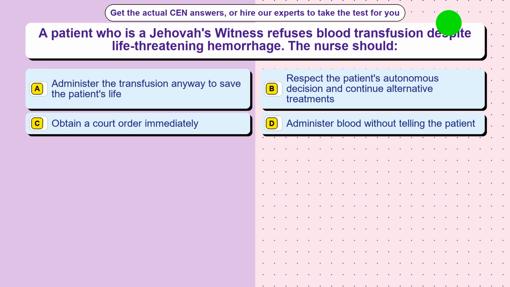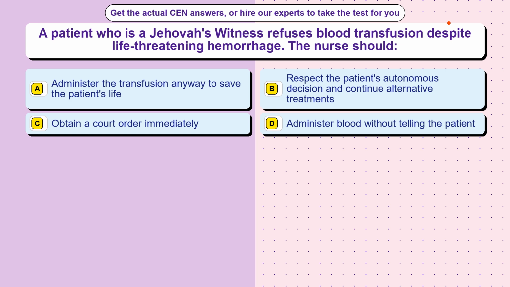Question 87. A patient who is a Jehovah's Witness refuses blood transfusion despite life-threatening hemorrhage. The nurse should Option A, administer the transfusion anyway to save the patient's life. Option B, respect the patient's autonomous decision and continue alternative treatments. Option C, obtain a court order immediately.